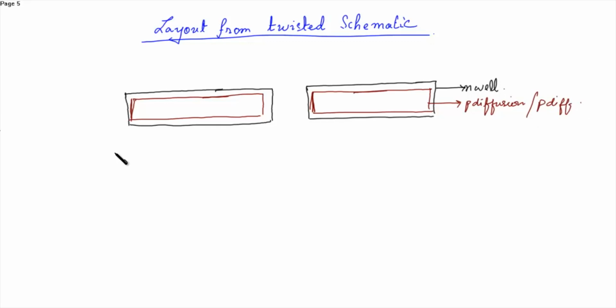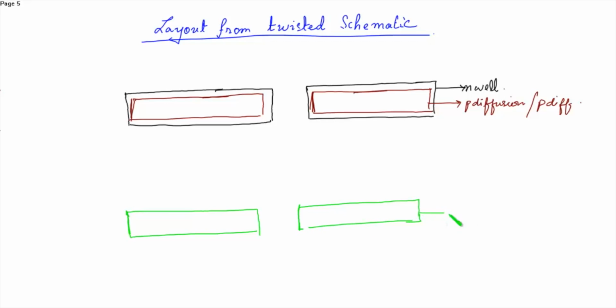Now after drawing the P diffusion layer, now draw the N diffusion layer on the N diff layer.